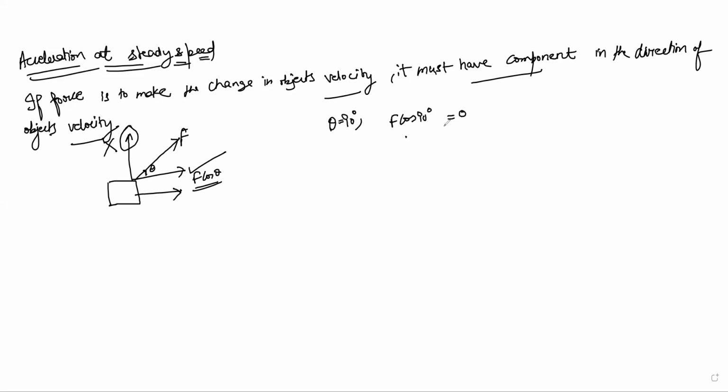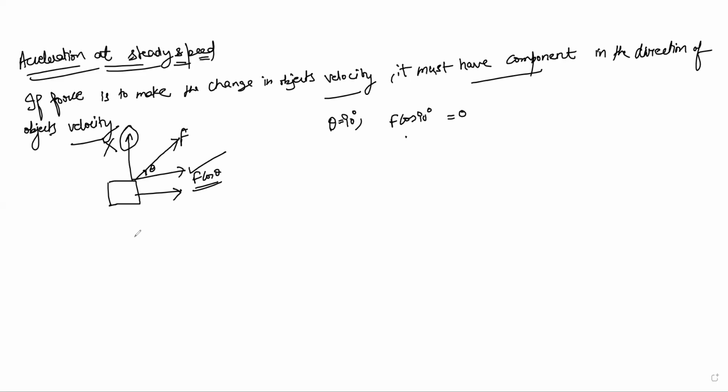So this will be 0, right? So this means force when acting at 90 degree has no component in the required direction, right? So force is acting on the object without making any change in the speed, means it will not increase or decrease the speed, right?